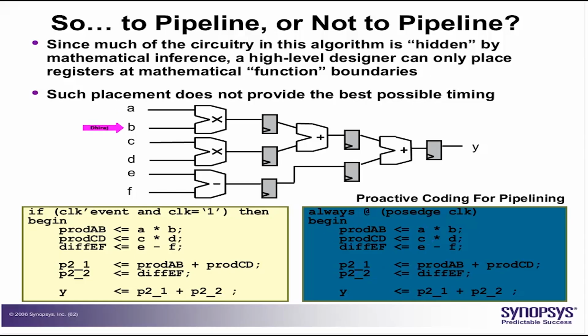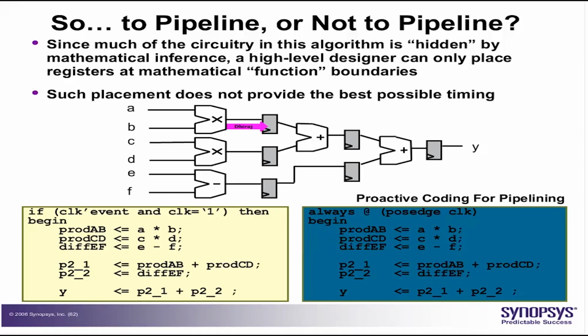A into B, this is the multiplier, C into D, E into F. These are the first level of operations. So start with the right hand side, A into B, C into D, E into F. They go into prod AB, prod CD and DTF. So the A into B operation takes place first, then goes into prod AB. Prod AB is clocked.